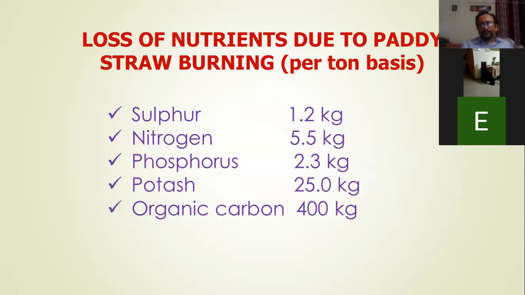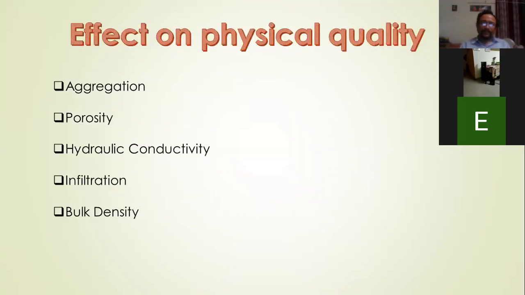Loss of nutrients due to paddy straw burning. These are some nutrients: sulfur 1.2 kg, nitrogen 5.5 kg, phosphorus 2.3 kg, potash 25.0 kg, and organic carbon 400 kg lost due to the burning of the paddy crop. Effect on physical quality.